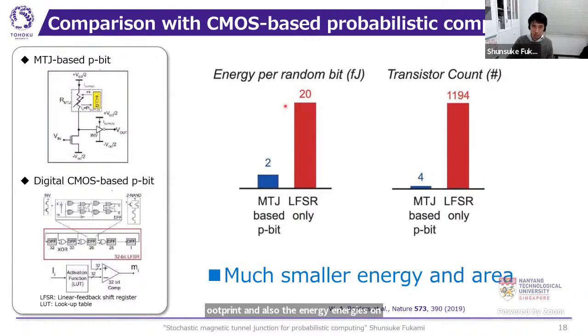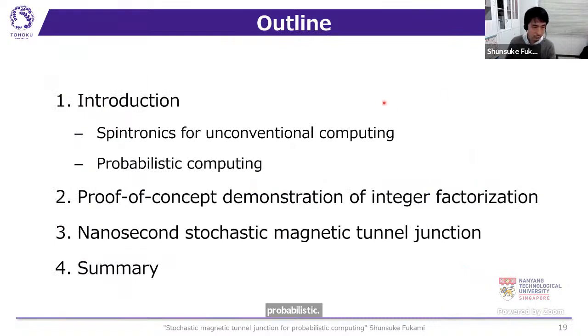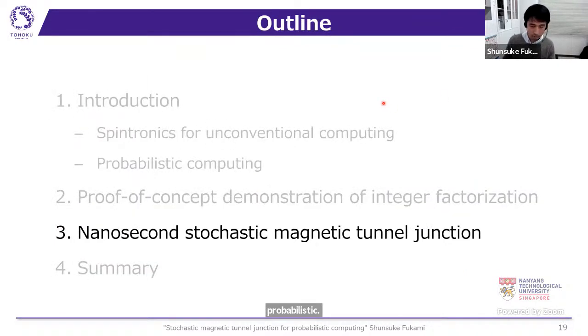From our estimations, our MTJ-based p-bit can realize 10 times lower energy, and also requires about 300 times smaller transistors. So this means that the probabilistic computer with Spintronics can achieve much smaller energy and area than the CMOS-based probabilistic computers. Okay, so with that, let me move on to the next part and discuss the device technologies.